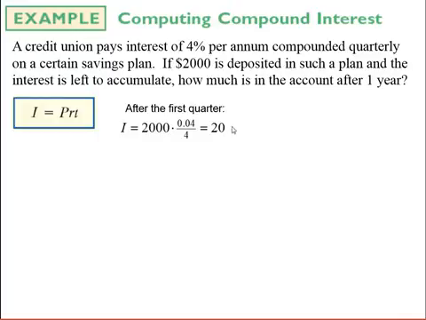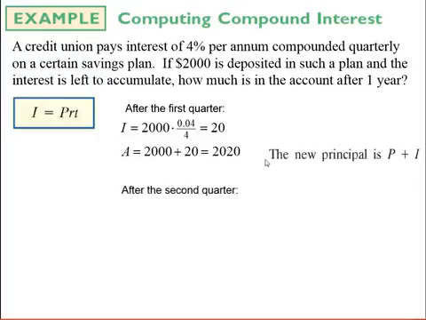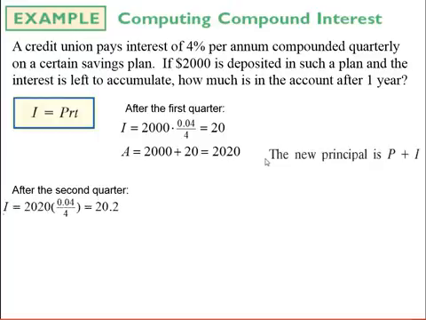Now here's where things change. So here's what compounding means. So the compounding means I'm going to take that $20, I'm going to add it back into my account. So now I have $2,020. So the $2,020 is going to earn interest in the next quarter. Now obviously that's going to be a little bit more than $20 because my account is now $2,020. So $2,000 earned $20. $2,020 is going to earn, excuse me, a little bit more than $20.